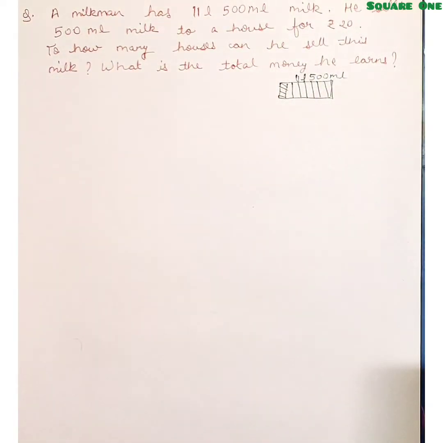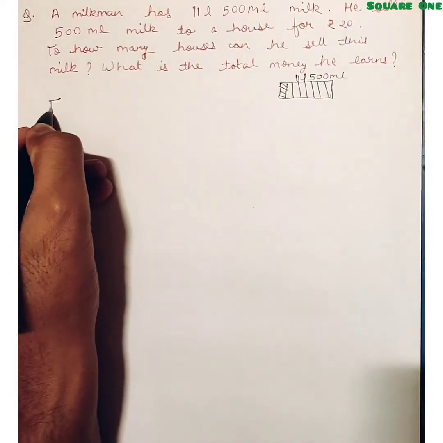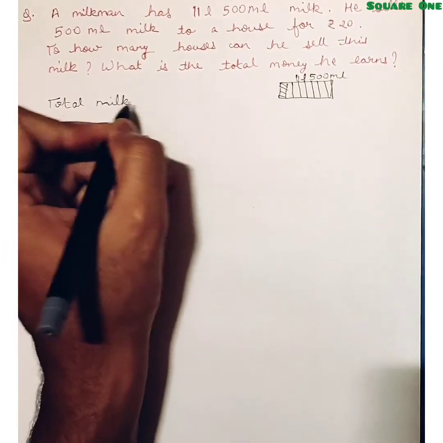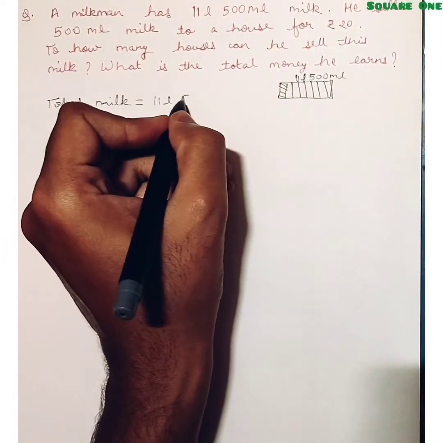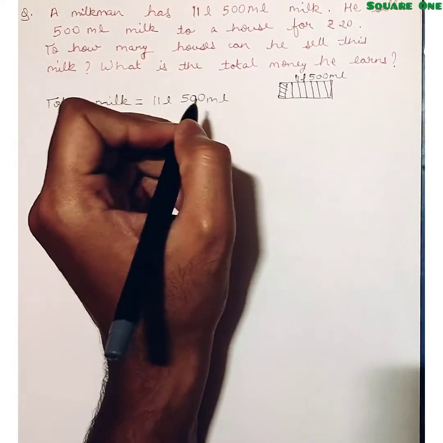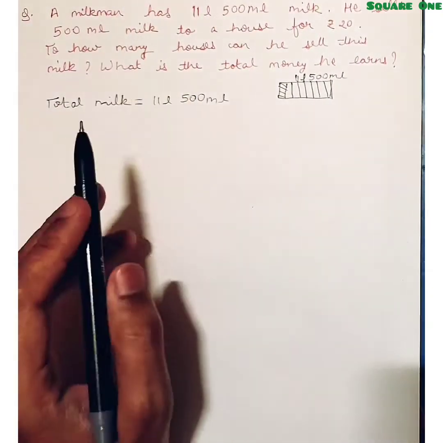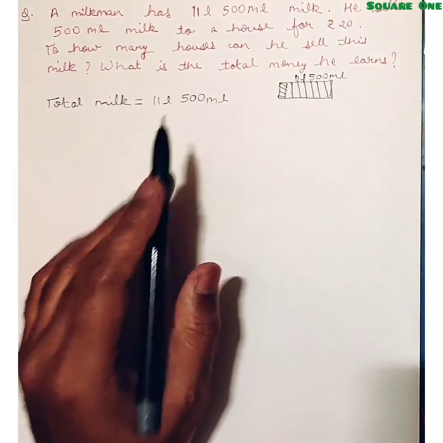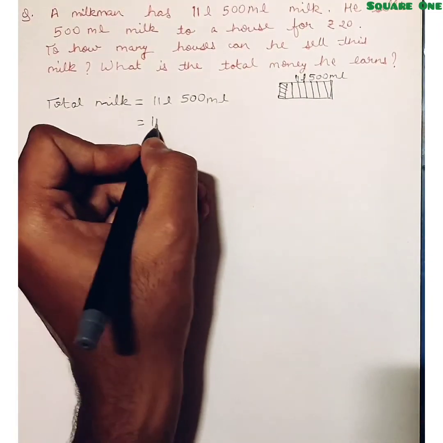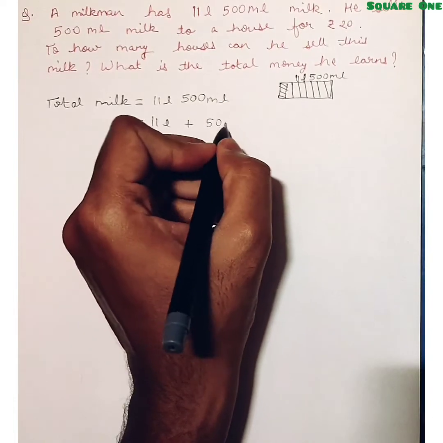The first thing we have is that total milk is equal to 11 liters and 500 milliliters. Now we cannot compare liters and milliliters with milliliters. So we convert this whole into milliliters. This will be 11 liters plus 500 milliliters.